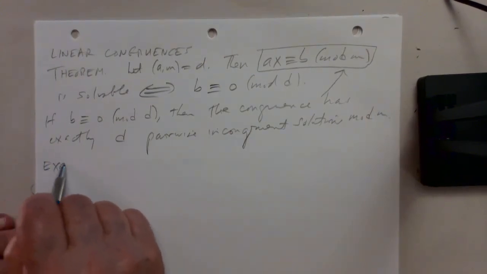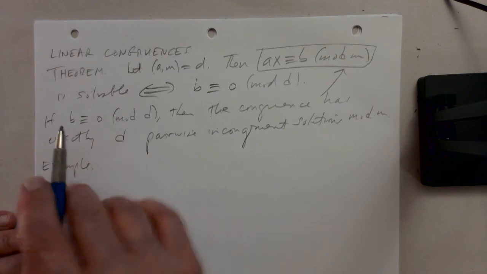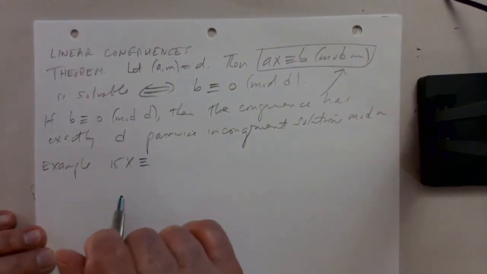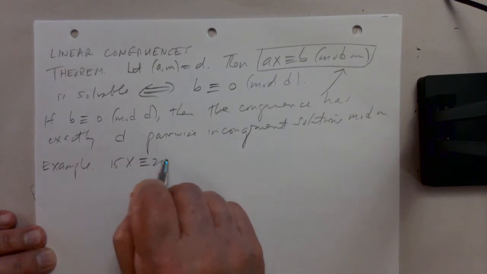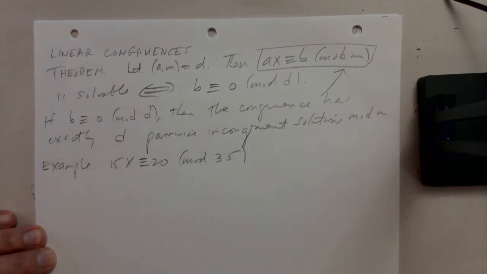So let's look at another example. Suppose we take the congruence 15x congruent to 20 mod 35.